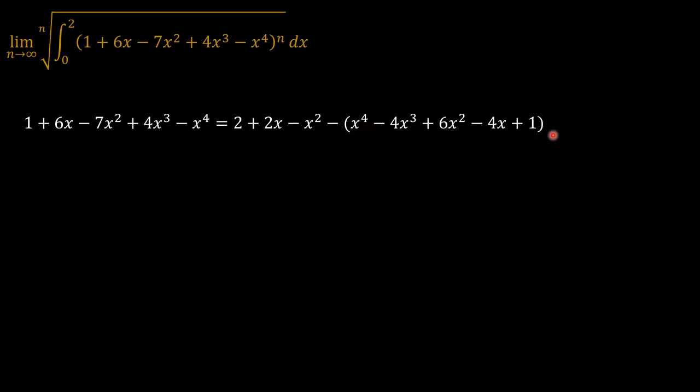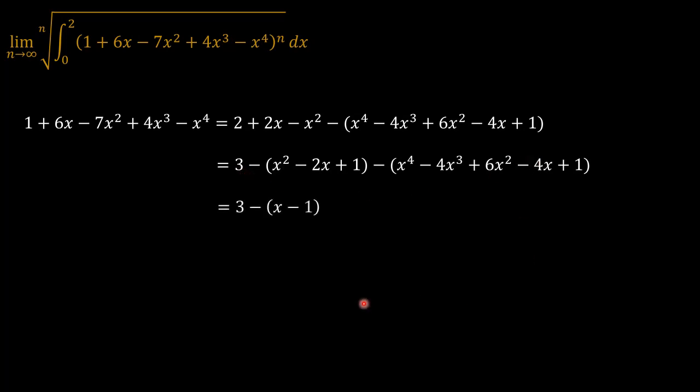Because we have this 1 that we've taken here, we've added a 1, and so we could also pick out the (x - 1) squared and bunch it in the bracket. And so we're left with 3 here. Eventually we have the expression 3 - (x - 1)^2 - (x - 1)^4.